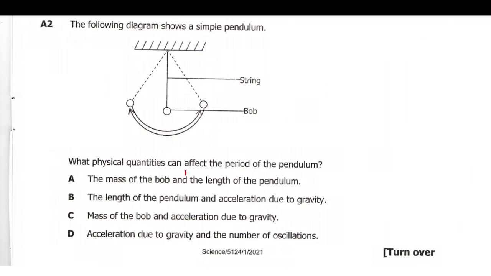So the only physical quantities that can affect the period of the pendulum are actually gravity and length. So here let's check A, the mass of the bob and the length of the pendulum. No, the mass does not affect the period of the pendulum. Then B, the length of the pendulum and the acceleration due to gravity. Yes, the answer is B.